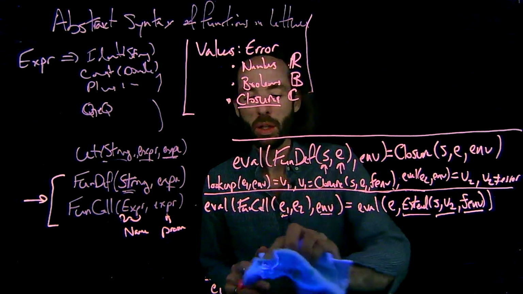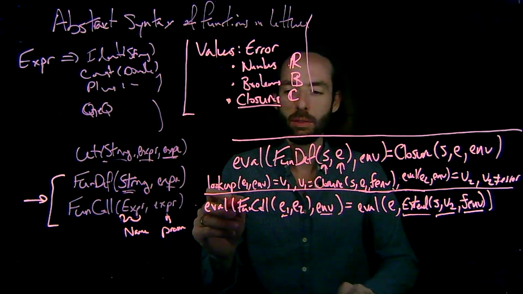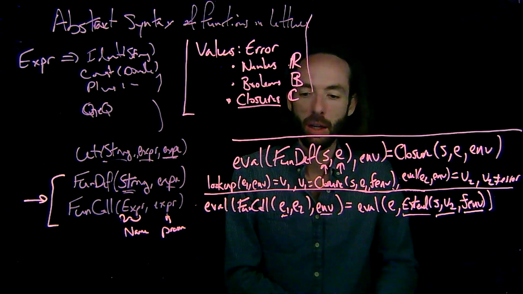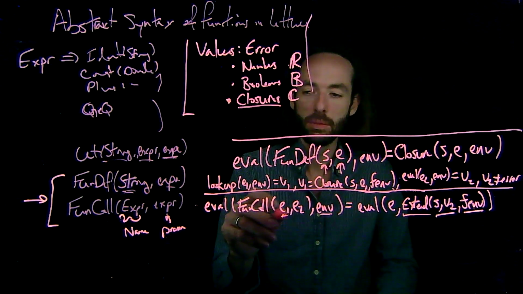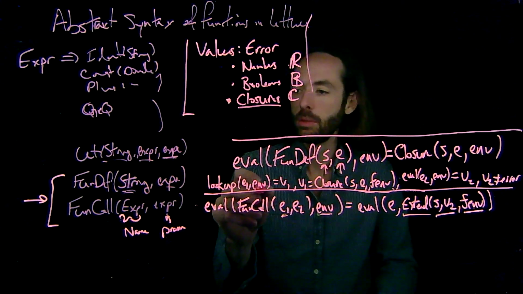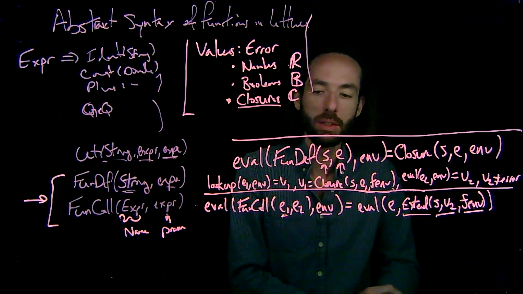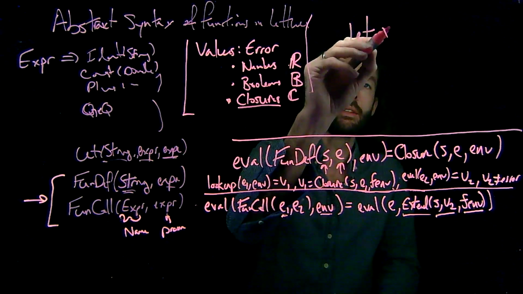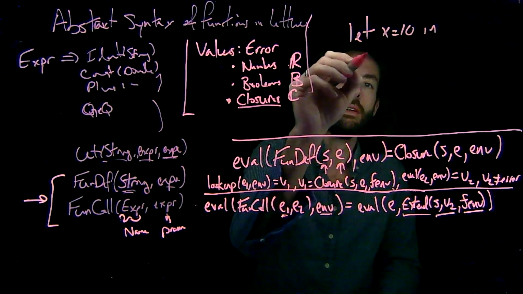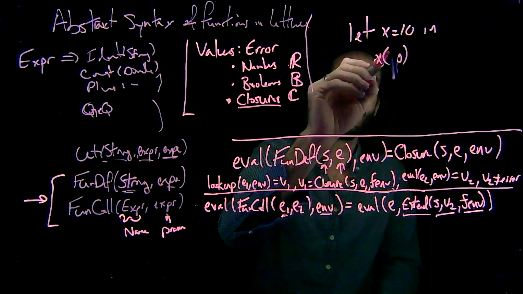And then there's basically one other possible option. We have the error situations to deal with, right? So if we look up E1 in our environment, we might not get a closure. If V1 is not a closure, then you're trying to do something like let x equal 10 in x of 20, let's say.